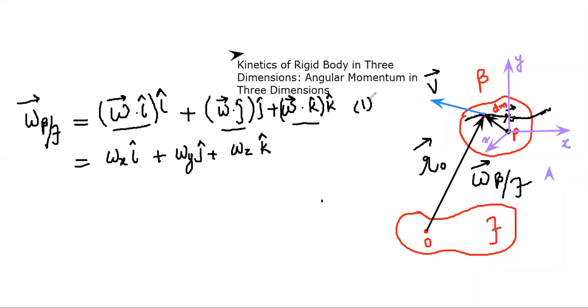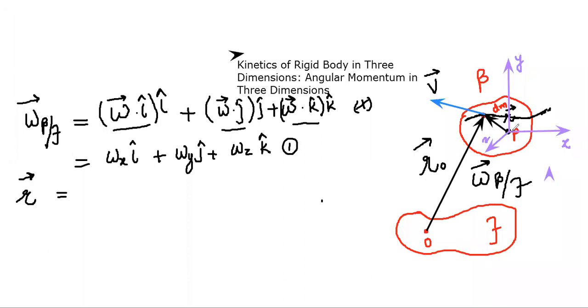Let's call this equation 1. The body is having angular velocity components along all three directions. Now we can also define the radius vector r, drawn from point P to the particle having mass dm.